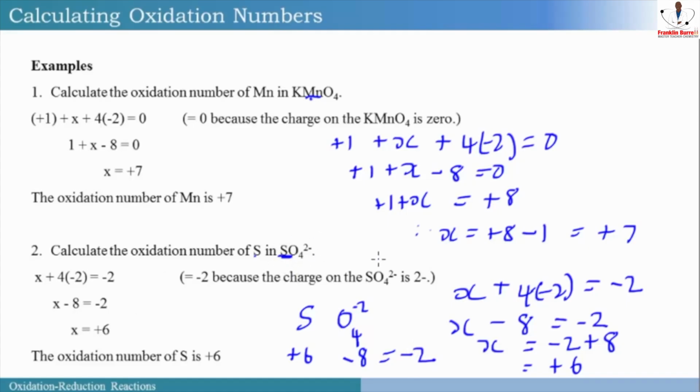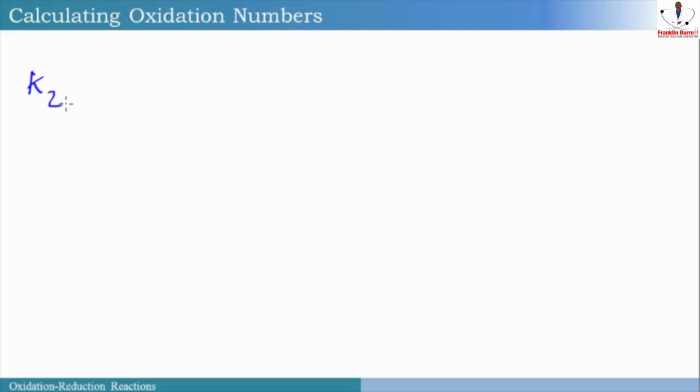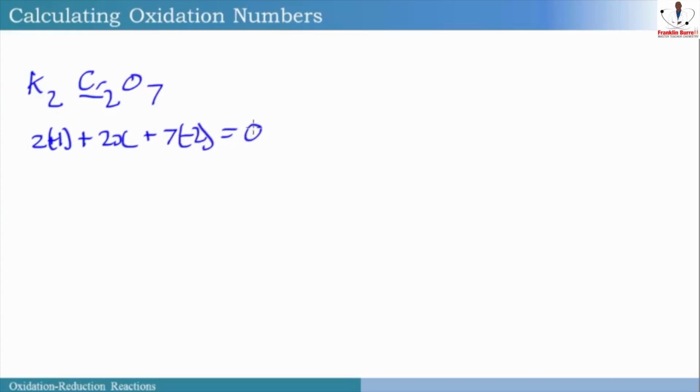So we're okay with this particular example. Let's do some others. Let's do K2Cr2O7, and we want to know the oxidation number of chromium here. Now we know that K is +1, so we have 2 of them, so it's 2 times +1 in your bracket. Plus 2X for our unknown, plus 7 times -2 equals 0 according to the rule. So we have +2 plus 2X minus 14 equals 0.